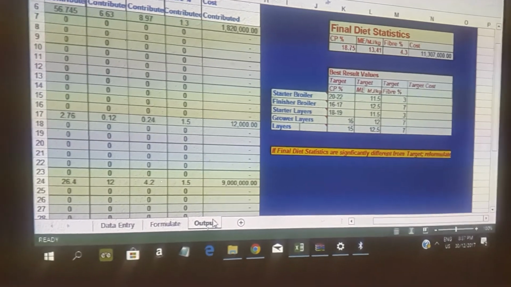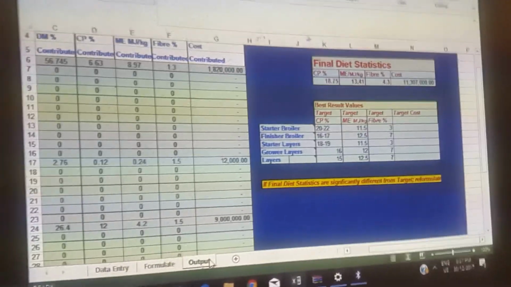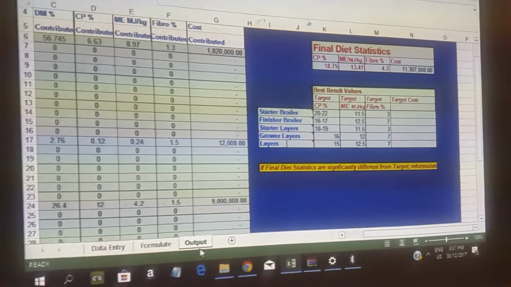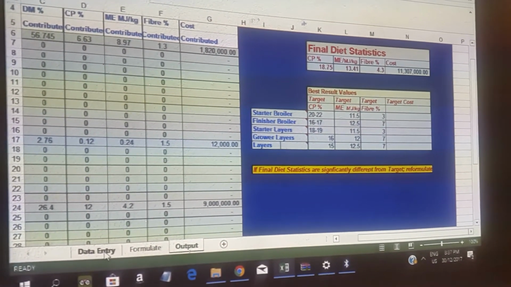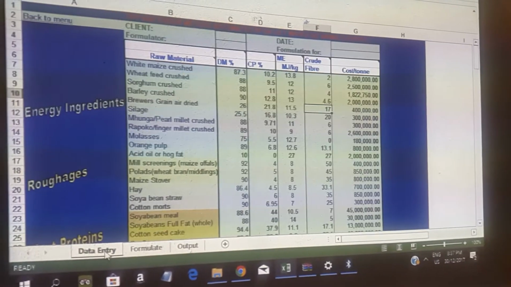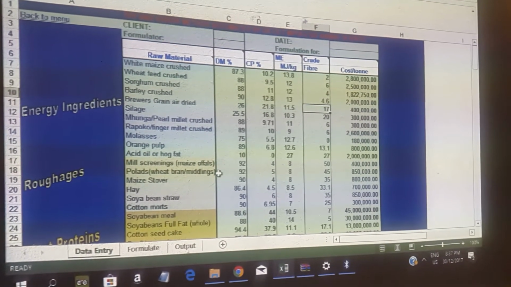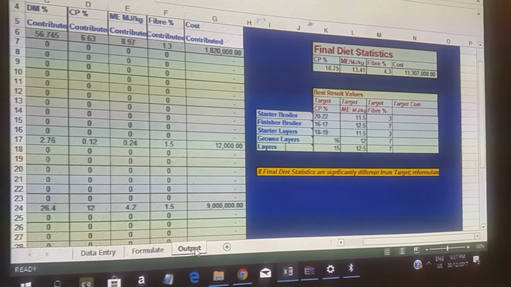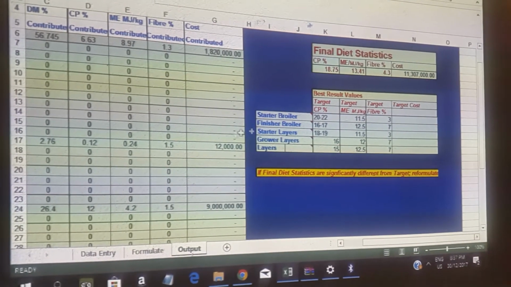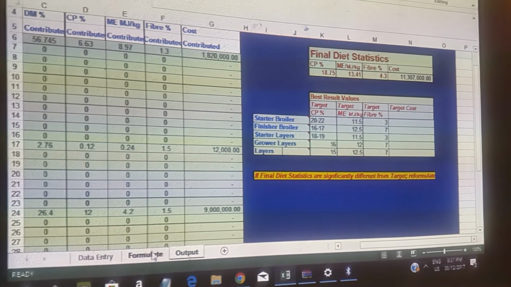So what I need is just a bit more protein, just a bit less fiber. What do I have that I can maybe increase? I want to increase my protein, which is maybe in soya. Let's say I take, where is my formulate?